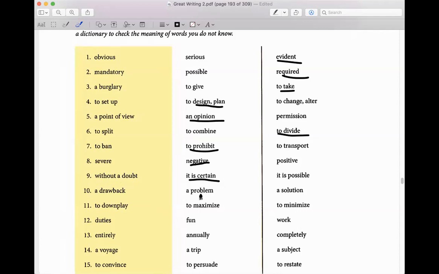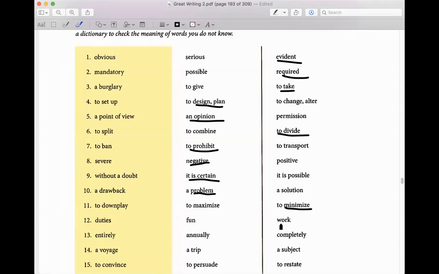A drawback is a type of a problem, right? We're doing this project, but we've run, you may hear this in a movie or a TV show, we've run into a few drawbacks or setbacks. And those are problems. If you downplay something, you make it seem like it's not as big as it is, so you are minimizing it.